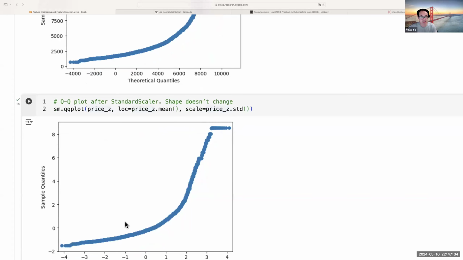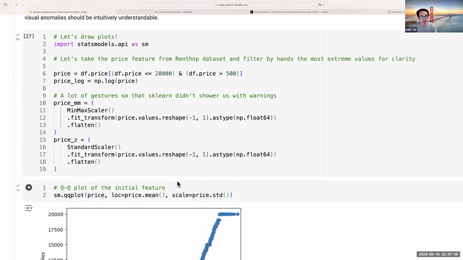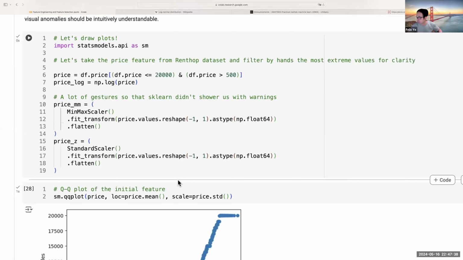This shape actually doesn't change because everything right here, whether it's a minimax scalar or standard scalar, they are all linear transformations. Basically, you subtract a constant and divide it by some constant. If the previous distribution is not Gaussian, after a linear transformation, it will not be Gaussian as well.